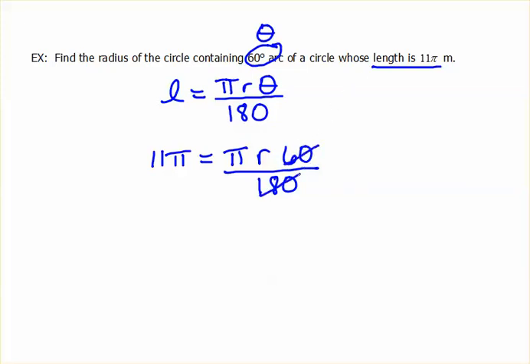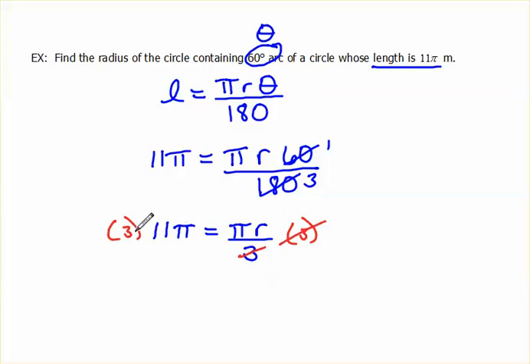60 over 180, that will reduce down to 1 over 3. So now I have 11 pi equals pi times r divided by 3. And I'm trying to get r alone, so how about if I get rid of this division of 3 by multiplying both sides by 3?